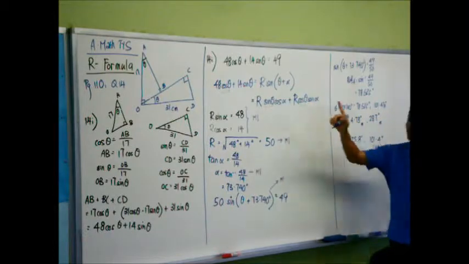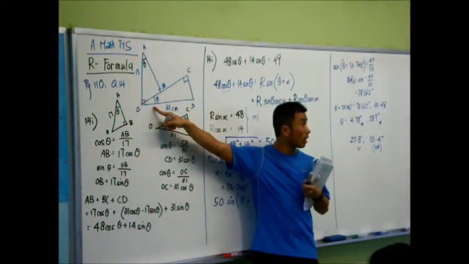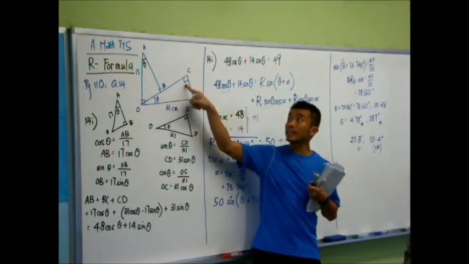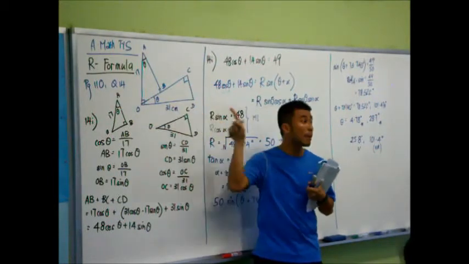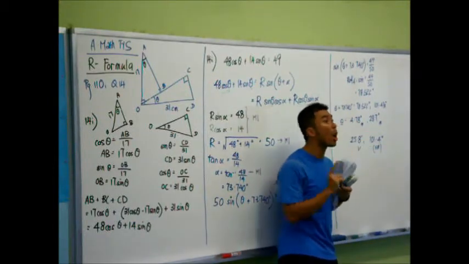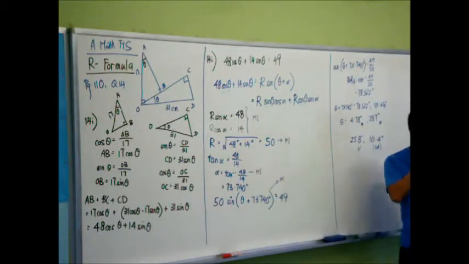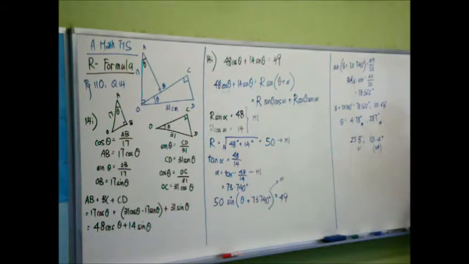Why? Take a look at the triangle again. This angle must be an acute angle, because this is 90 degrees. These two angles sum up together can only be 90 degrees. So your answer here cannot be more than 90 degrees. But if both answers are within 90, you can accept both answers.